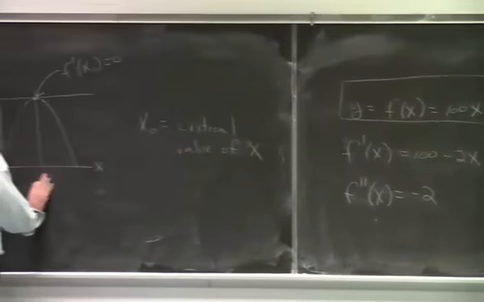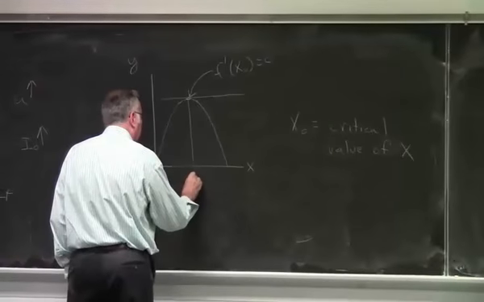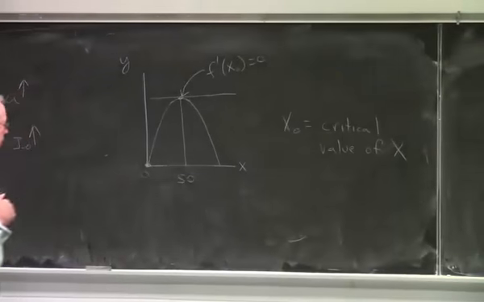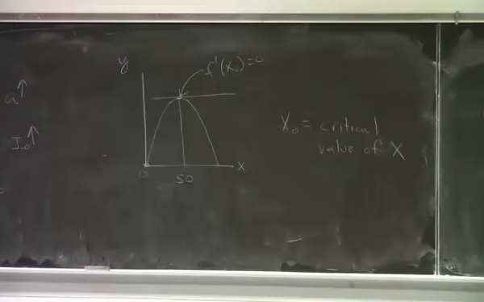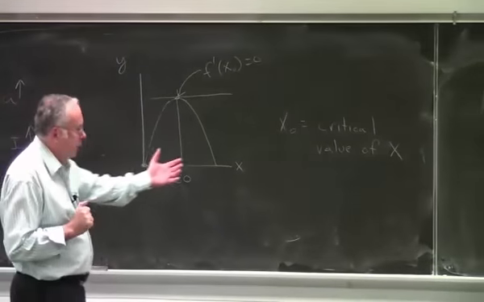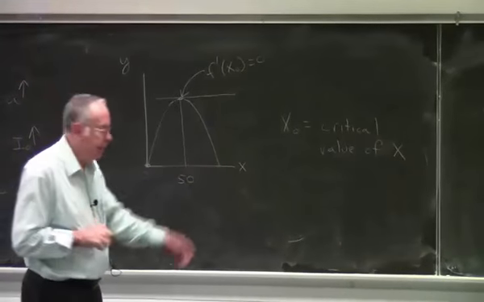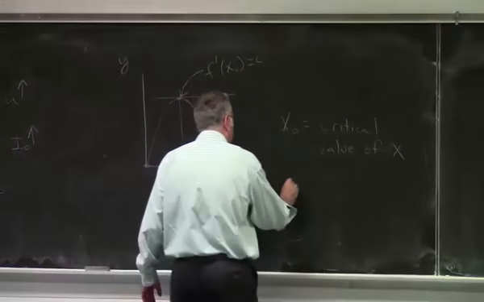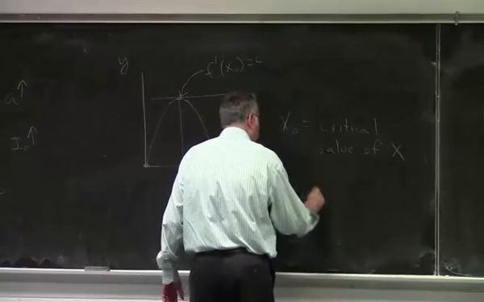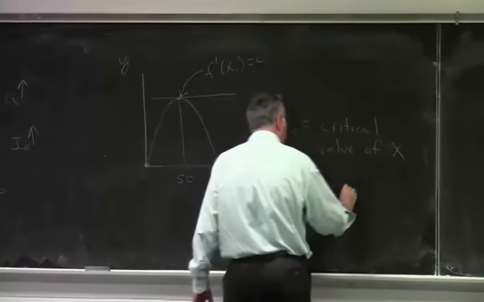Okay, so we can put this value in. And this value of y that corresponds to the critical value of x, f of x sub 0, more generally is just called the stationary value of y.